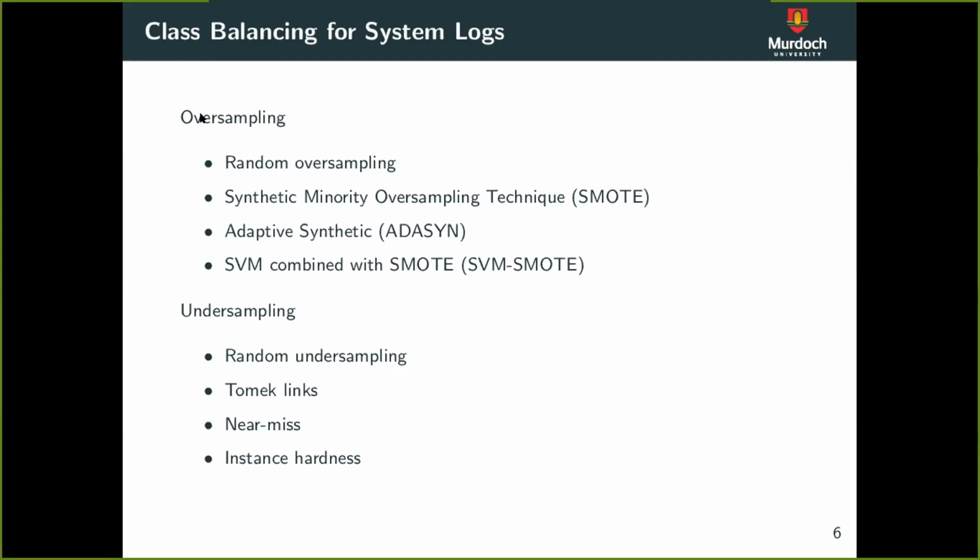Basically, there are two common types of class balancing: oversampling and undersampling. We use 4 techniques for oversampling: random oversampling, synthetic minority oversampling technique, adaptive synthetic, and SVM combined with SMOTE. And for undersampling, we use random undersampling, Tomek links, the NearMiss method, and instance hardness.